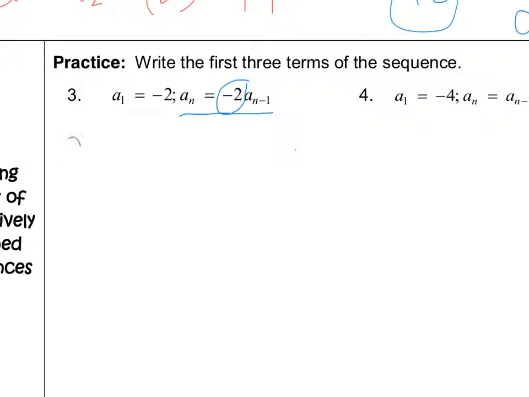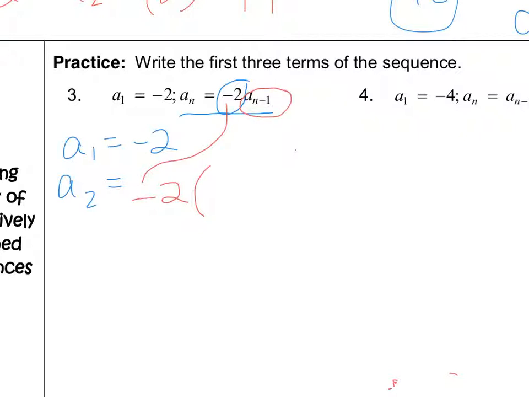My first term, a sub 1, equals negative 2. So if I want to find my second term, a sub 2, it's going to be, I'm going to use this right here, my negative 2 times a sub n minus 1.